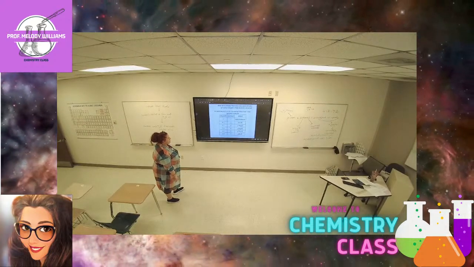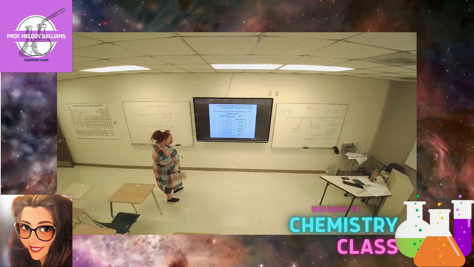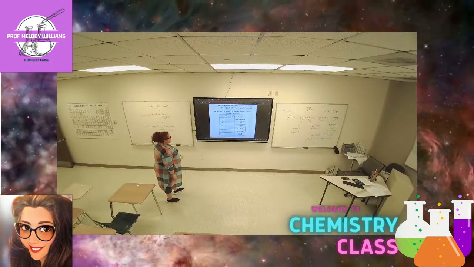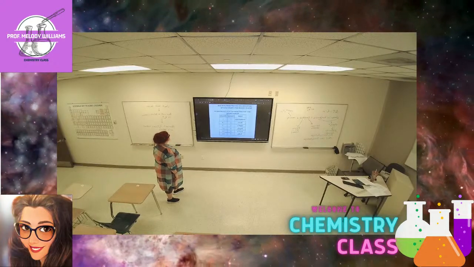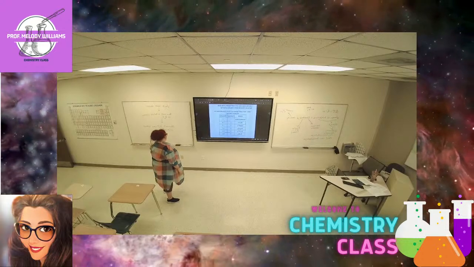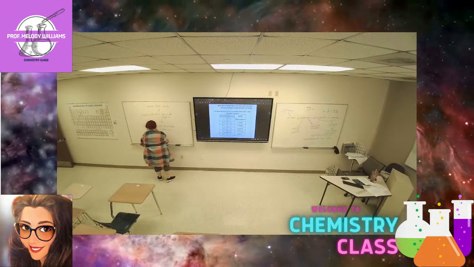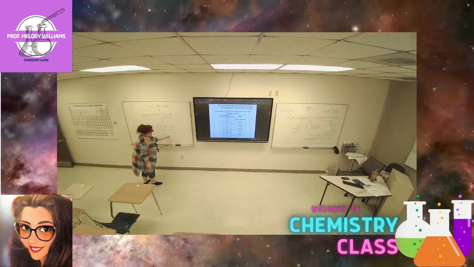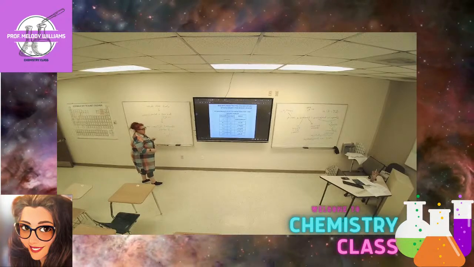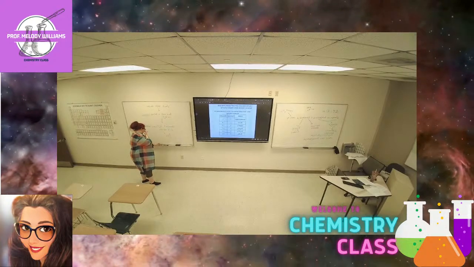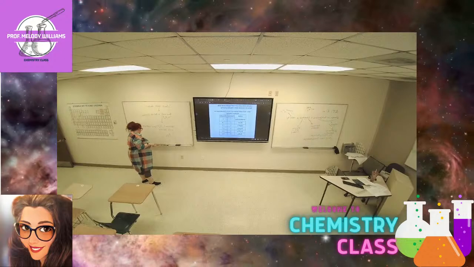So when we're looking at Van't Hoff factor in general, what we're doing is looking at the ability for water to be able to interact with a particular compound. So, looking at sodium chloride, when it dissolves in water, it looks a bit like this.